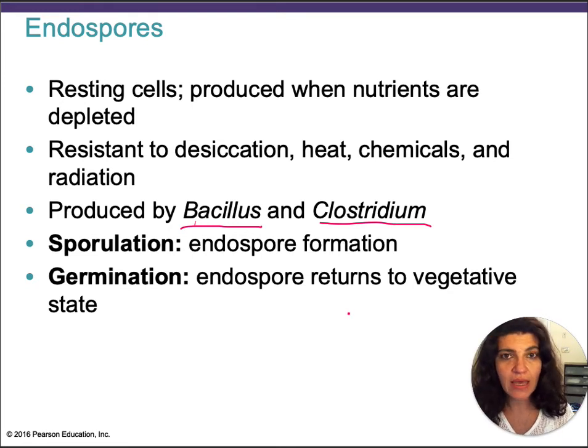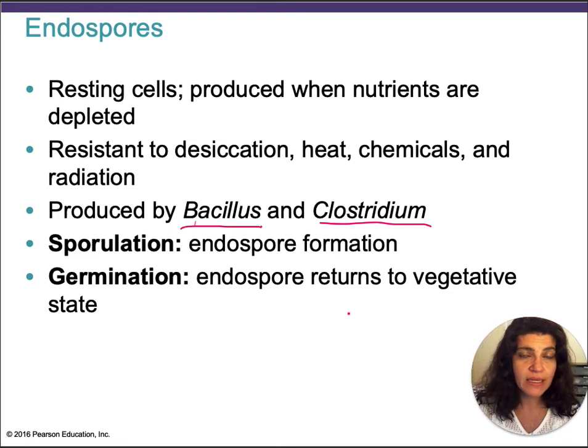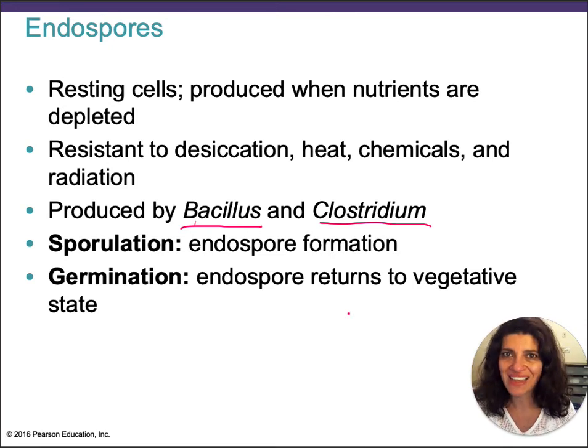So anything that would make the bacterium die, in those conditions, which are usually in the environment, not inside the host, because the host is warm, wet, proper pH, they usually don't have to form endospores inside the host. But if Bacillus or Clostridium are in the environment, and the environment for some reason is too cold, too hot, something that can affect the bacterium, they have this tendency of reducing their cellular content.